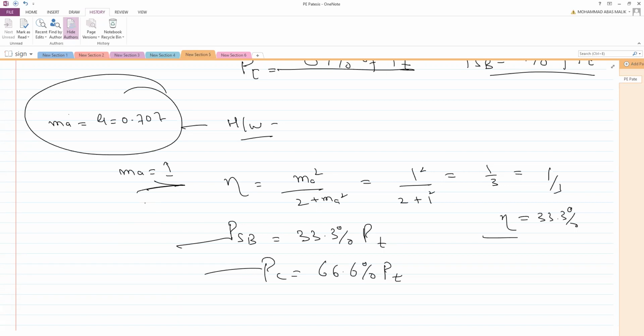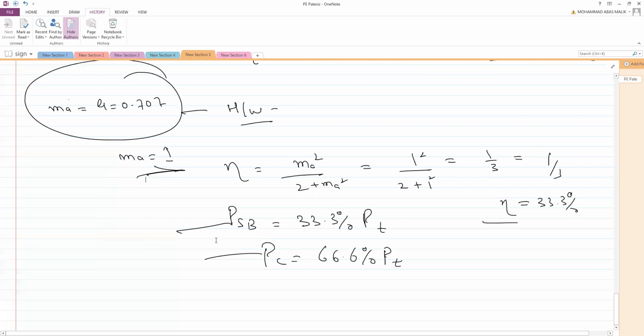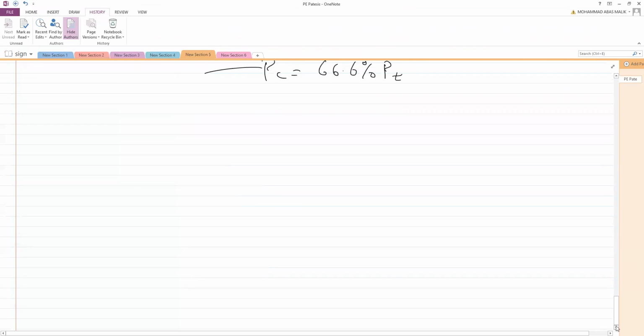One point to remember is that as PC is independent of mu, its value does not change, but the percentage of PC decreases as mu increases. Let me write one point to make you understand this.